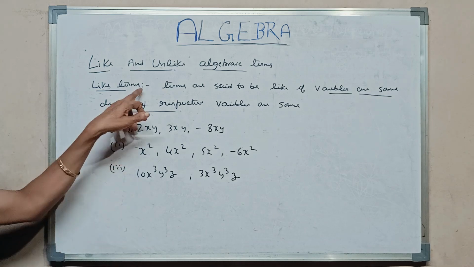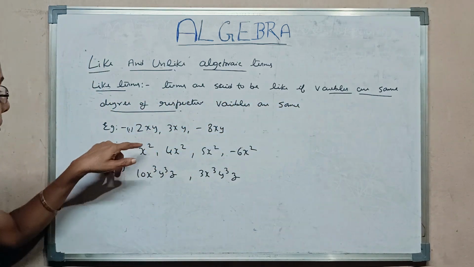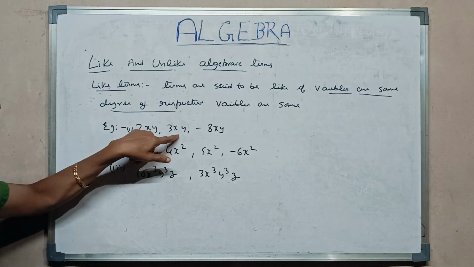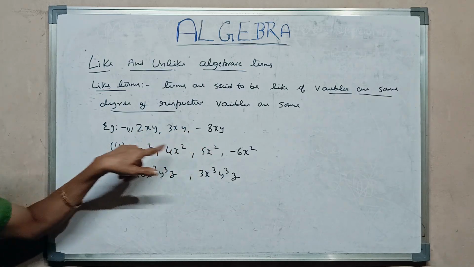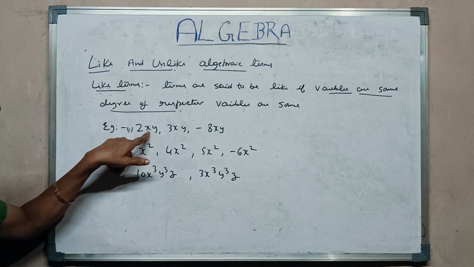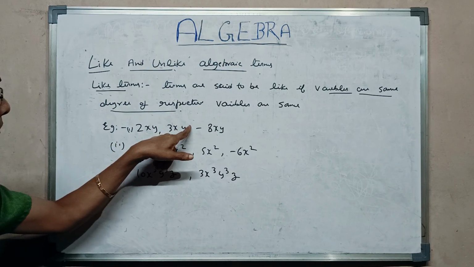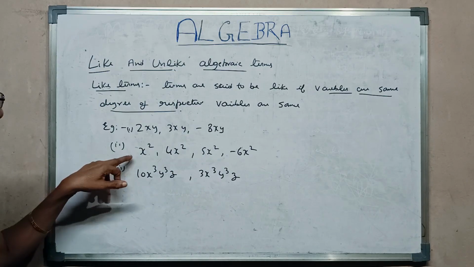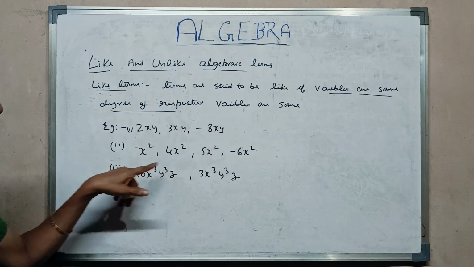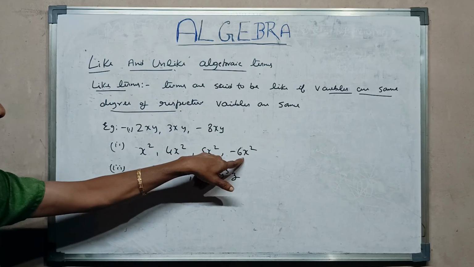Here like terms means terms are said to be like if the variables are the same. Here the variables are xy, xy and xy, so the variables are the same. And for degree, here x power is 1, y power is 1. In the second example, the variables are x square, x square, x square, x square. These are the same.